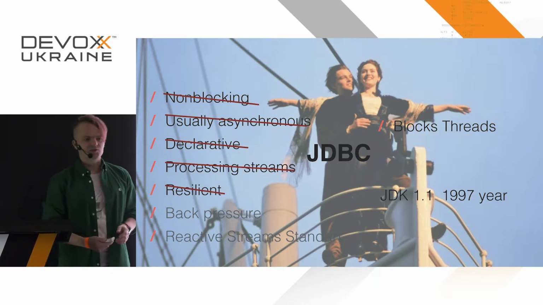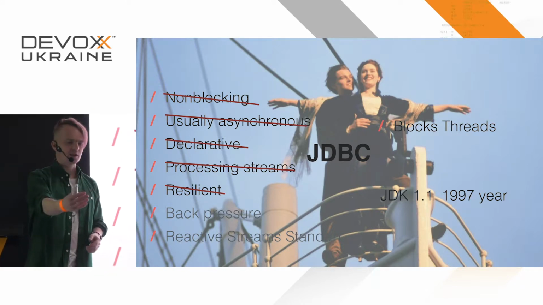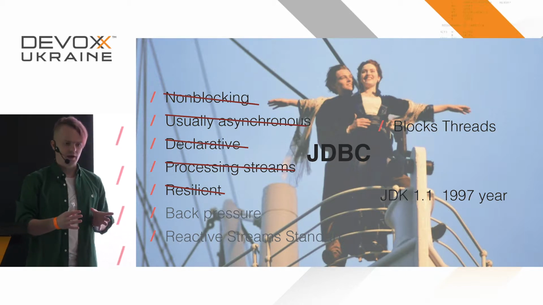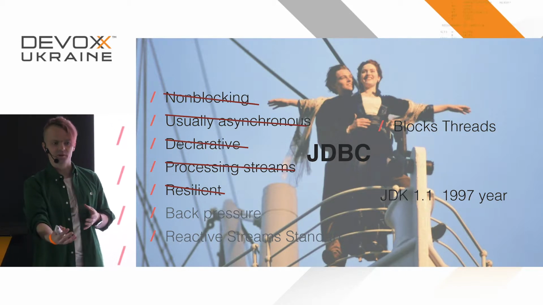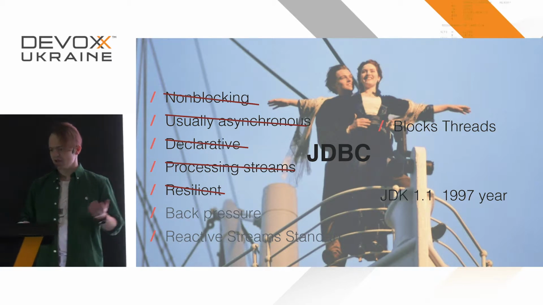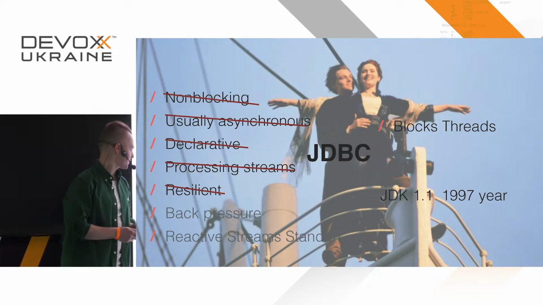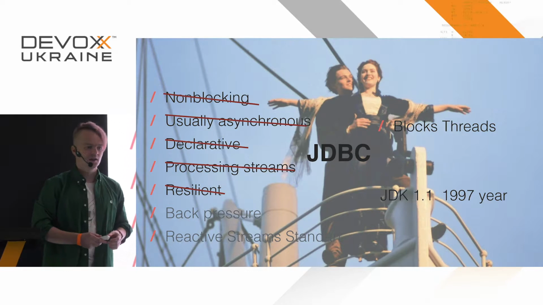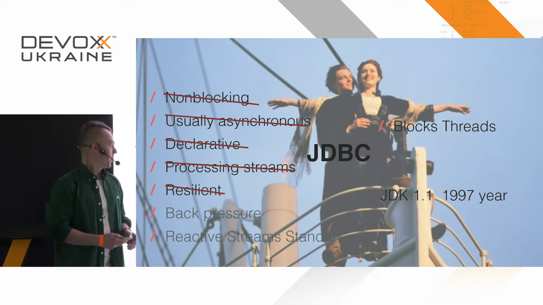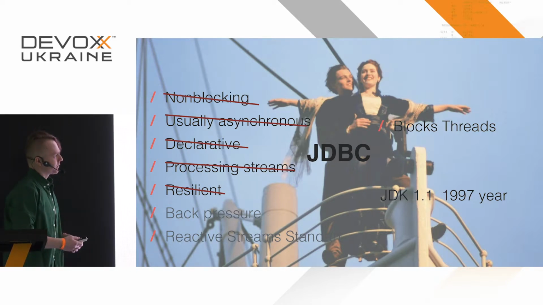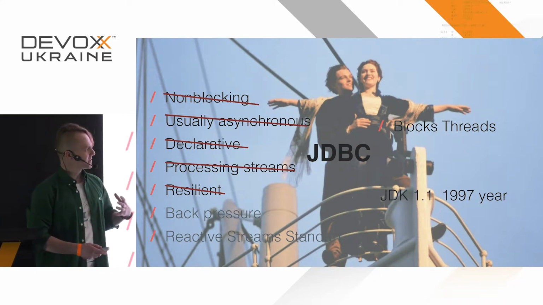It's not about processing streams. You may only ask for data and get it all back, and you cannot subscribe to a stream of events, let's say. And of course, it's not resilient, so if you get some exception, you have to handle it on your own.